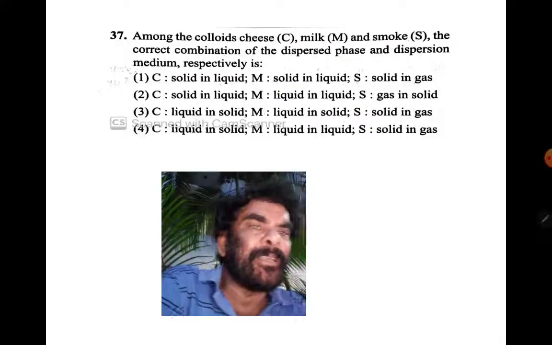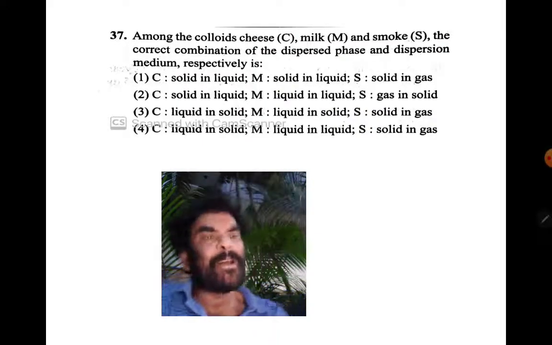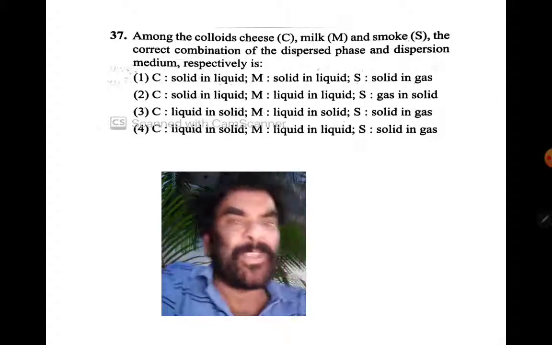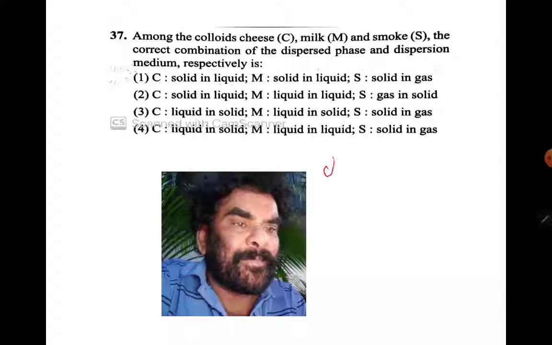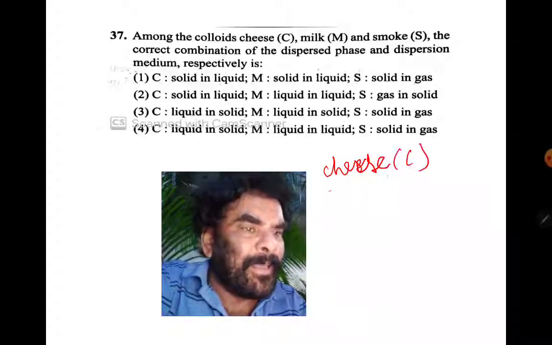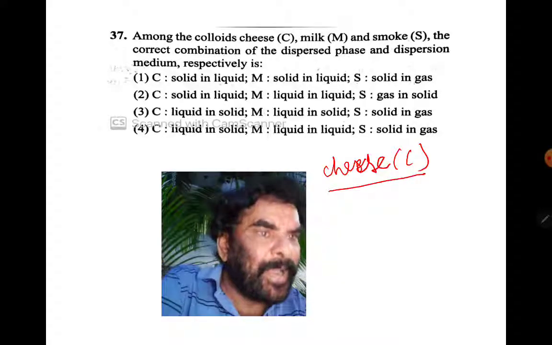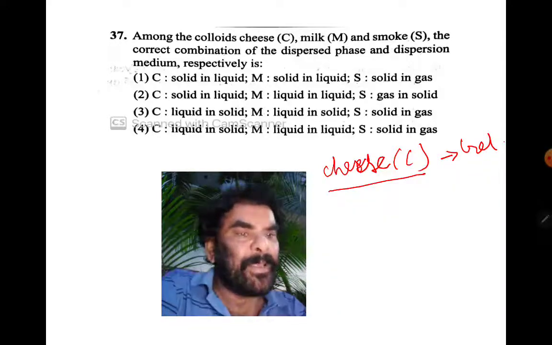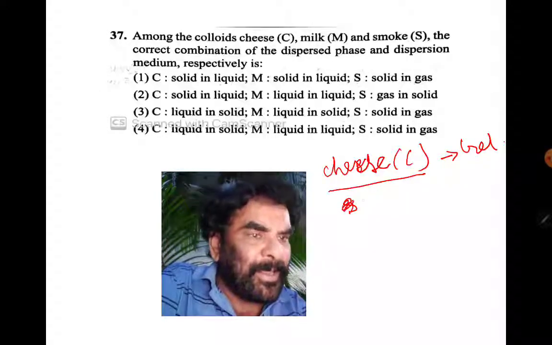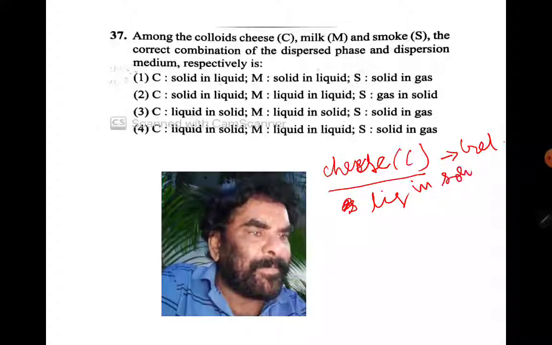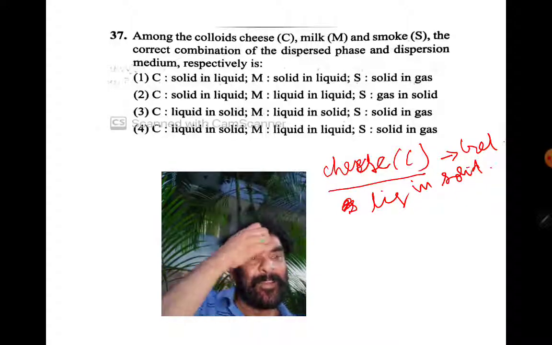Among the colloids, cheese, milk, and smoke, this is asking the correct combination of the dispersed phase and dispersion medium. First, cheese is a gel, first of all a gel type colloidal system. Liquid in solid: less of liquid, more of solid.